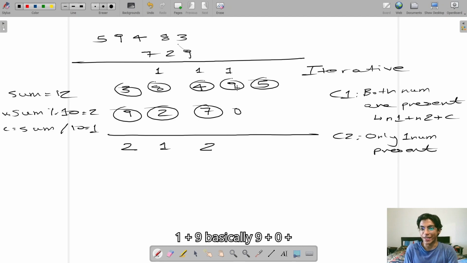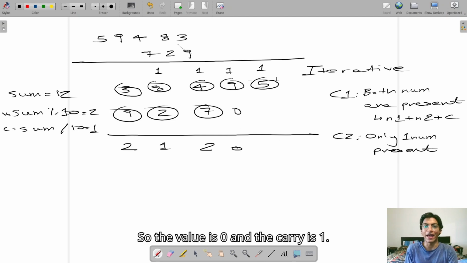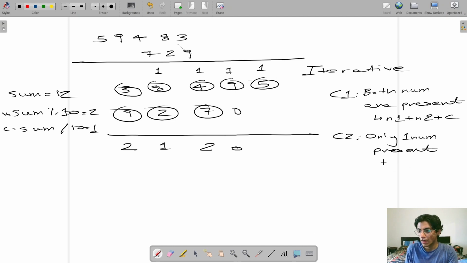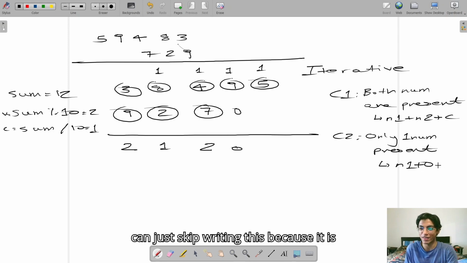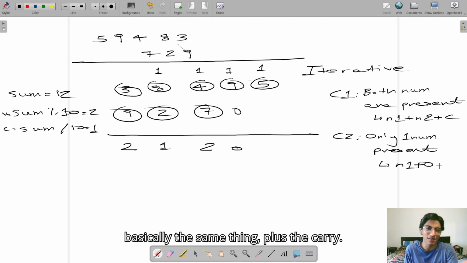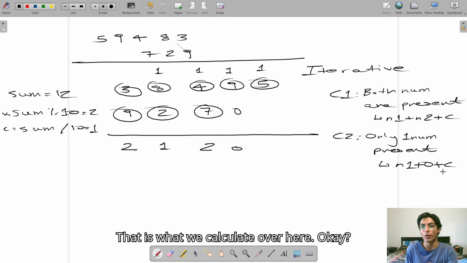Then 9 plus 0 plus carry becomes 10. So the value is 0 and the carry is 1. So basically we mean n1, which is number 1, the only number that is present, plus 0 by default, or we can just skip writing this because it is basically the same thing, plus the carry. That is what we calculate over here.